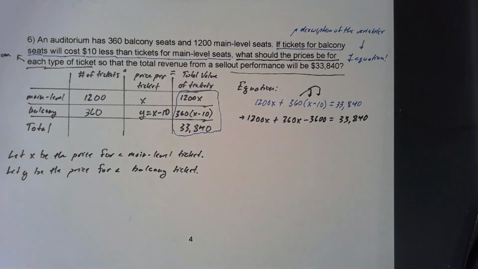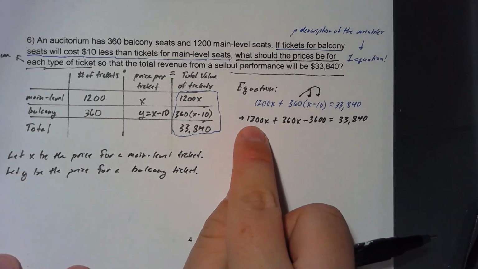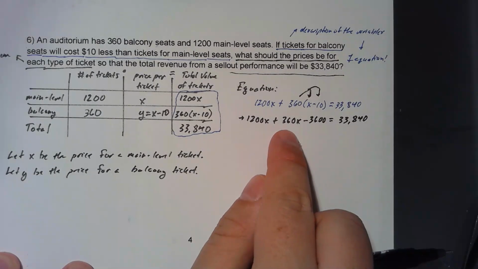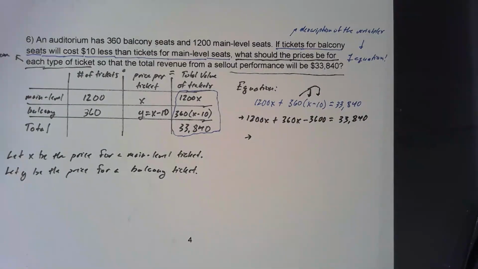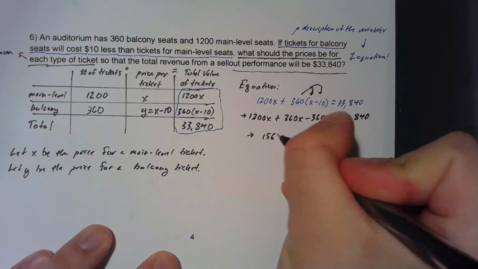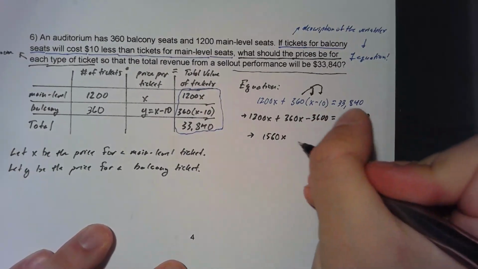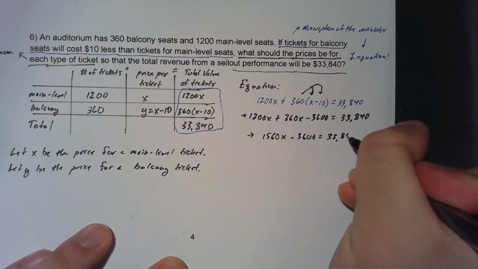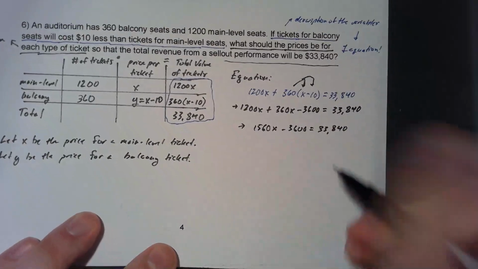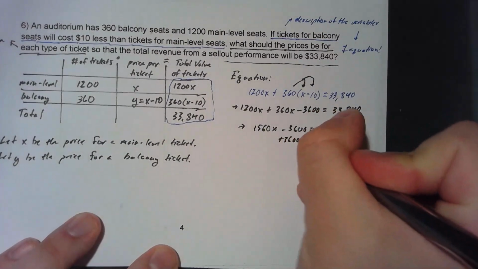All right, combine like terms. 1,200x plus 360x is 1,560x. Add 3,600 to both sides.